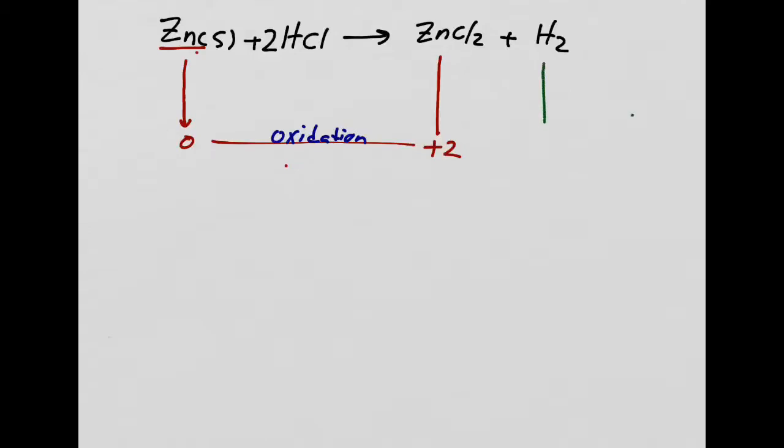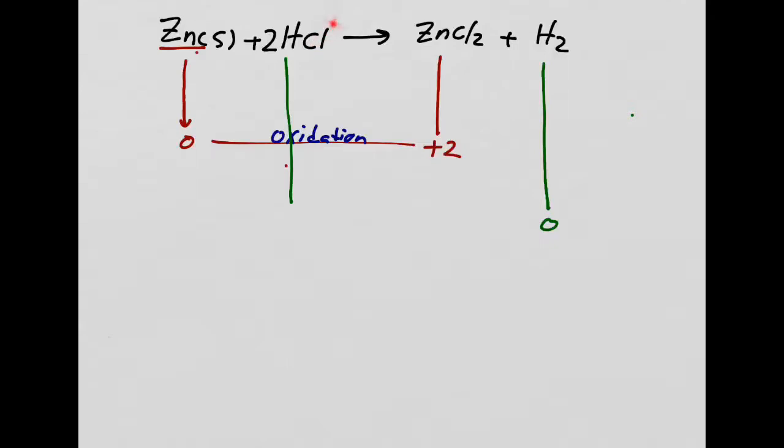Now, let's do this part first. This is easier. What's the oxidation number of H2? It is 0, a diatomic molecule. That's how it exists in nature. Now, let me come over here. What's the oxidation number of hydrogen? Remember what we said: when you have a compound, you have to go by charges.